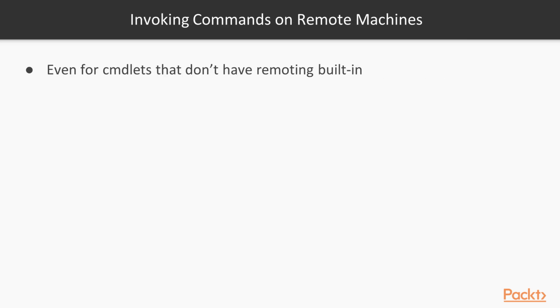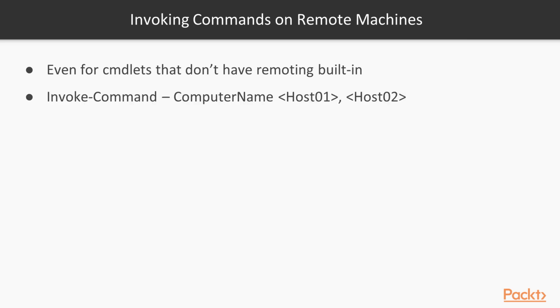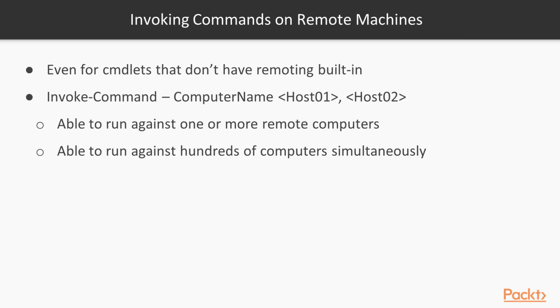Invoking commands on remote machines. These are even for cmdlets that don't have that remoting built in. If there's no ComputerName parameter on it, you are not limited. You can still use everything that you need to use on a remote machine by using Invoke-Command. Invoke-Command can pass in either single commands or files, and it can go against one or more remote computers. And it's very robust how much you can do.